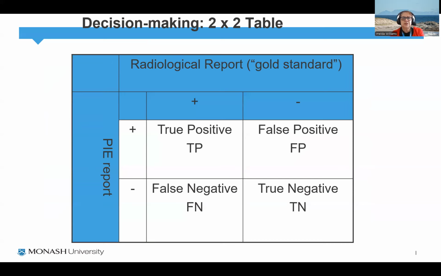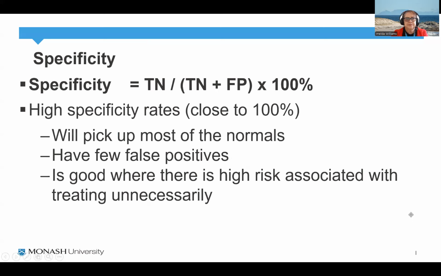So this is a decision-making table. It's called a 2 by 2 table, and it's basically putting the radiologist report, which is the gold standard, against that of the PIE report, and then the positive findings, which would be true positive or false positive, and negative, which would be false negative and true negative.